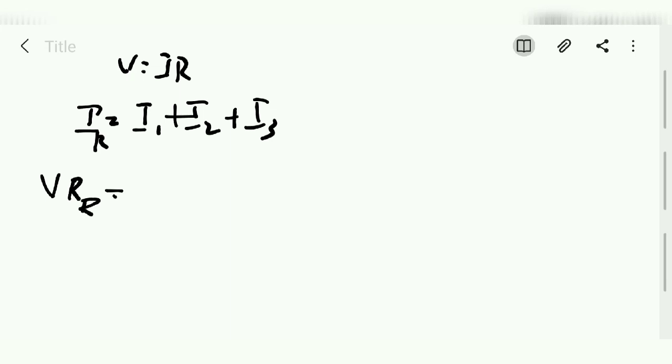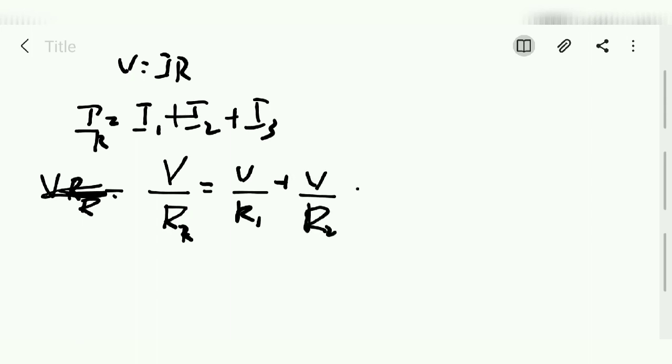Sorry guys. So this is V by R, correct? R resultant. I1 is nothing but V by R1, plus I2 is nothing but V by R2, I3 is nothing but V by R3.